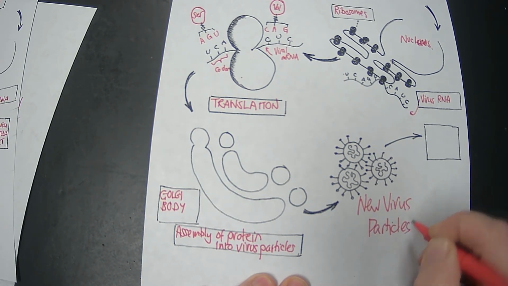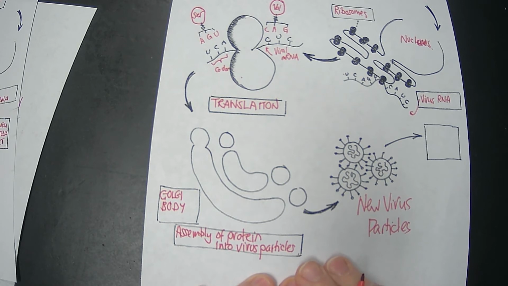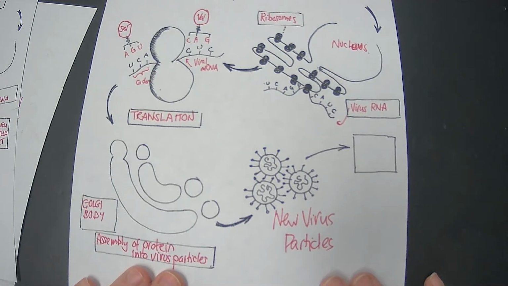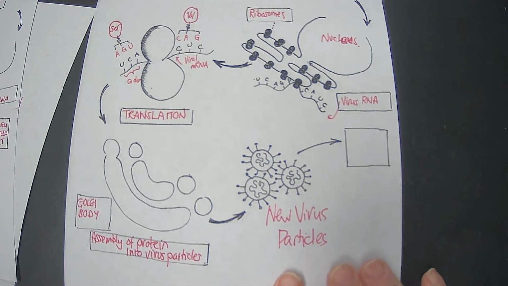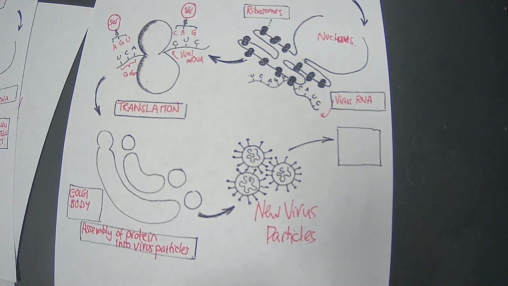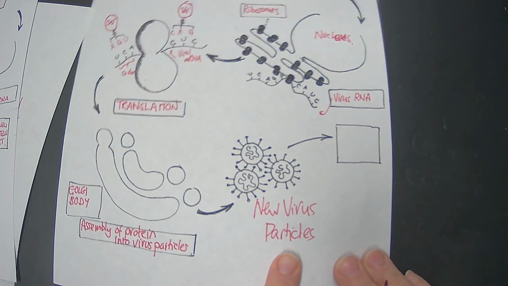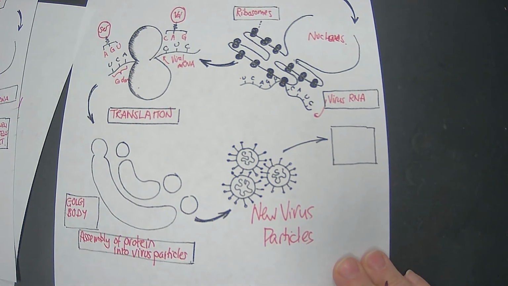And just like before, those virus particles build up, and eventually the lung cells which are producing them are not going to be able to tolerate all these virus particles, and they're going to get destroyed. And then what happens is this: you've got all these virus particles in your lungs. If you sneeze, cough, talk, all of those virus particles are going to come out of your respiratory system.